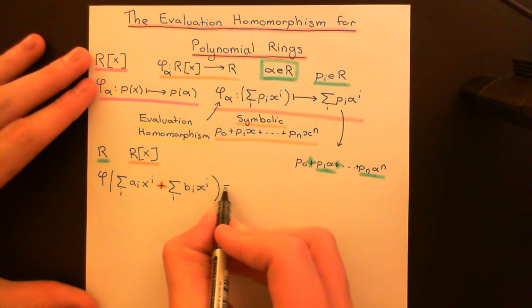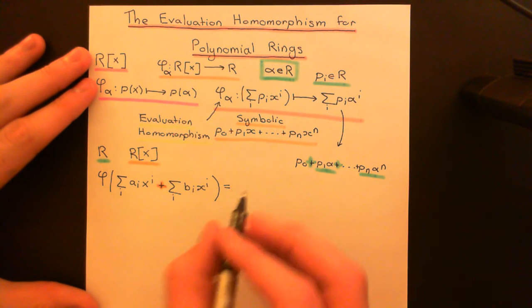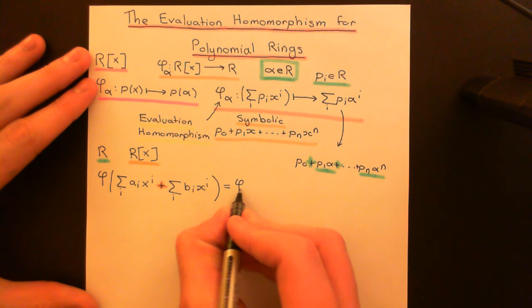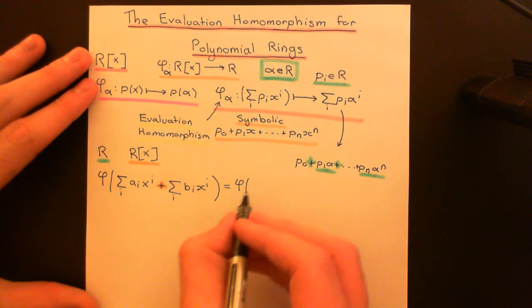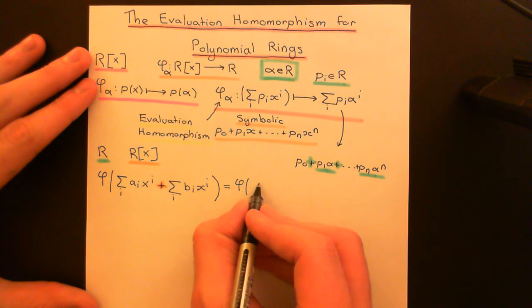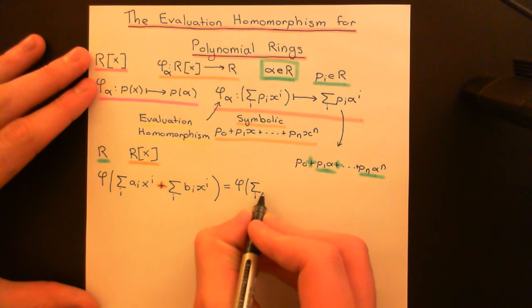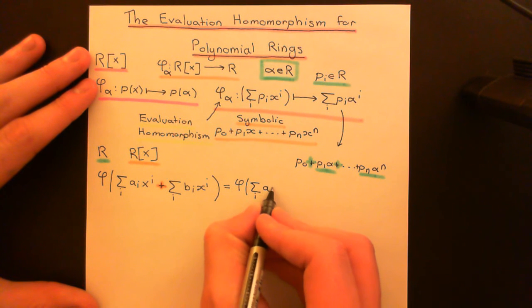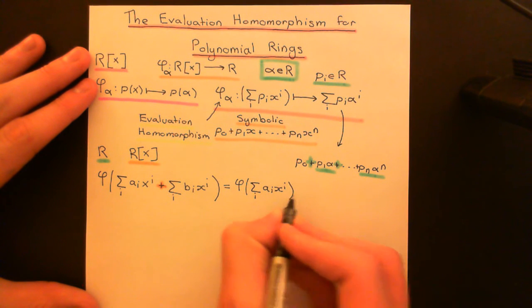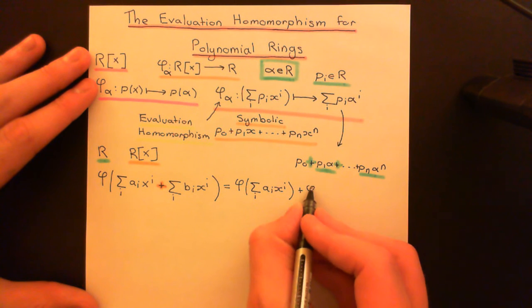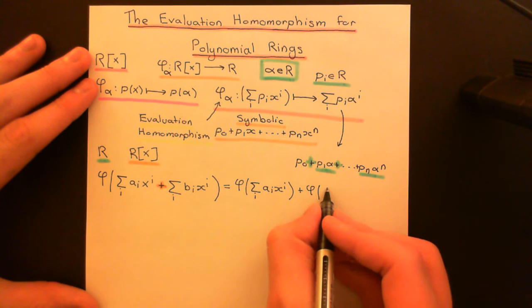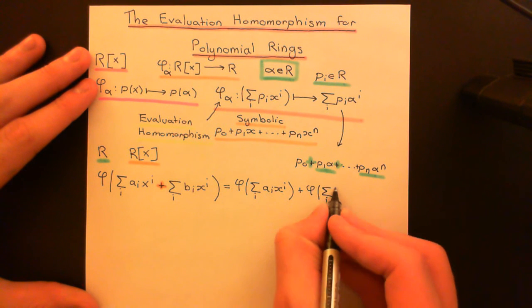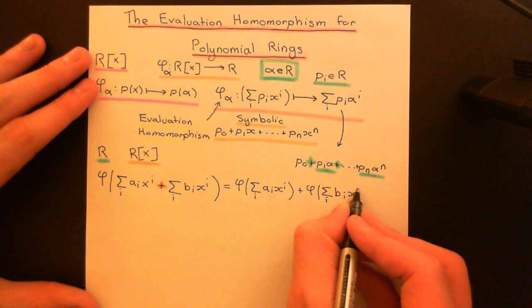Then additive compatibility, if it was true, would say that this was equal to, firstly, map the polynomial a of x into the codomain ring, so take phi of the sum over i of a_i x^i, and then add it to phi of the polynomial b, the sum over i of b_i x^i.